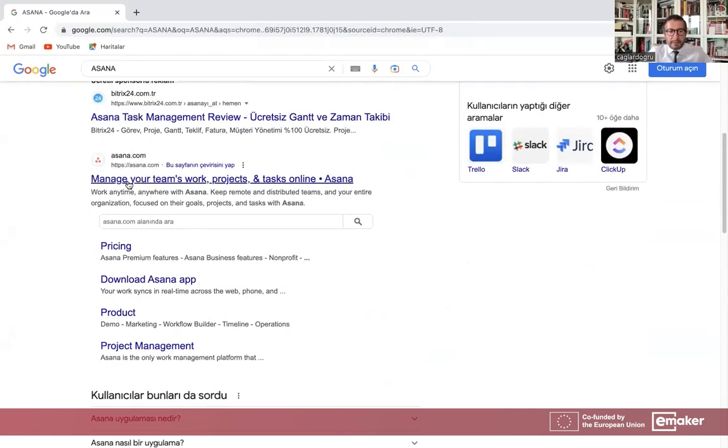Look, you can see that it says manage your team's work, projects, and tasks online.